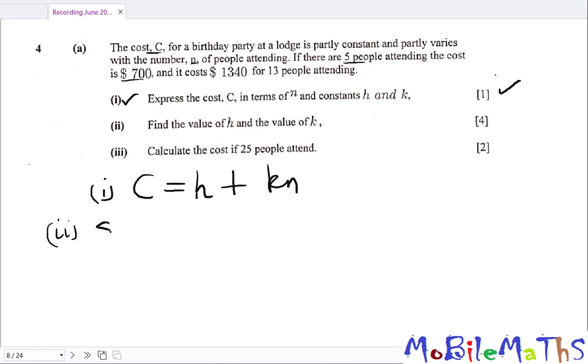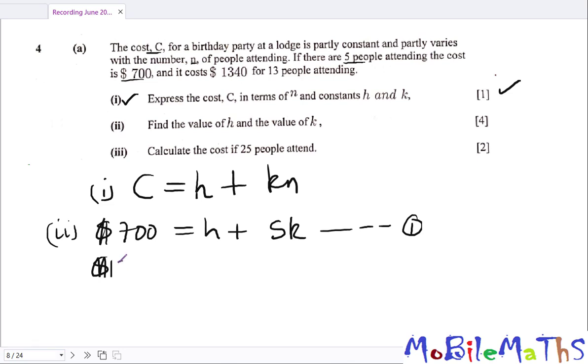So I'm going to say 700 is equal to h plus 5k. That's equation 1. Then the next one is 1340 and n is 13. So I say 1340 is equal to h plus 13k. Okay, this is my equation 2.